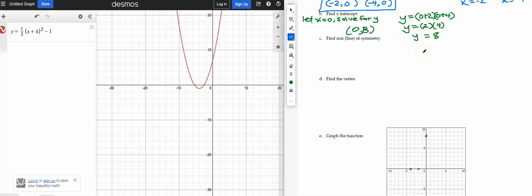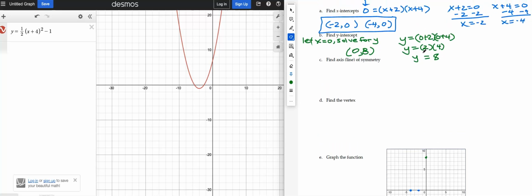So I'm going to take this x value and this x value, add those together, -2 plus -4, and divide by 2. That's because we're finding the average, or the midpoint, halfway in between these 2 points.